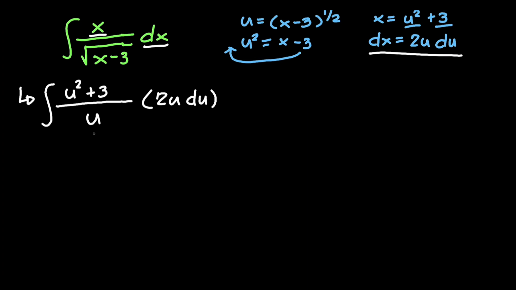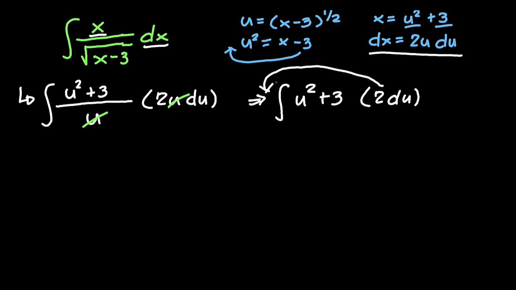And so, let us start simplifying this. This u will cancel each other out. And so, you are left with the integral of u squared plus 3 multiplied by 2 du. And now, you can put 2 outside the integral.